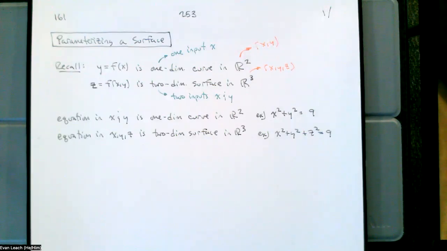Three-dimensional space because x, y, and z. Two-dimensional surface because I've got an equation involving all three. And this is a generalization of the stuff that we were doing in the previous, where we were writing one variable as a function of the other variables.